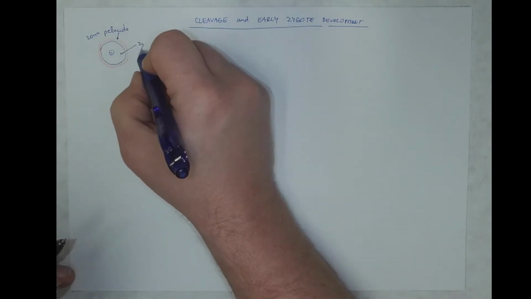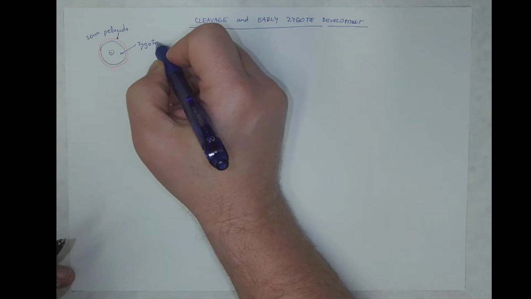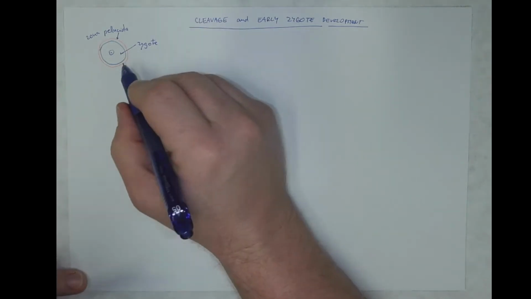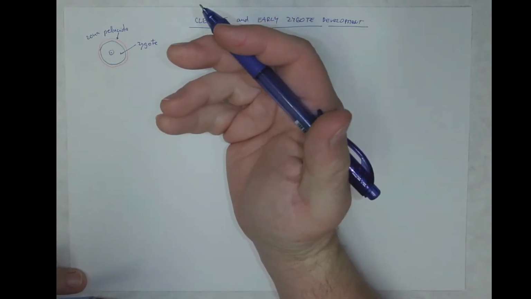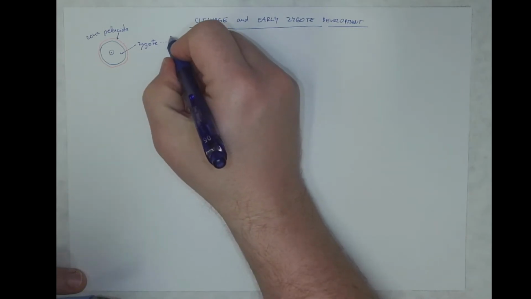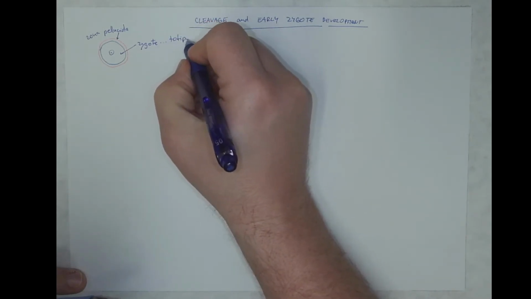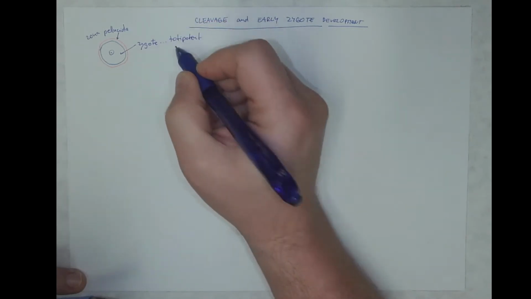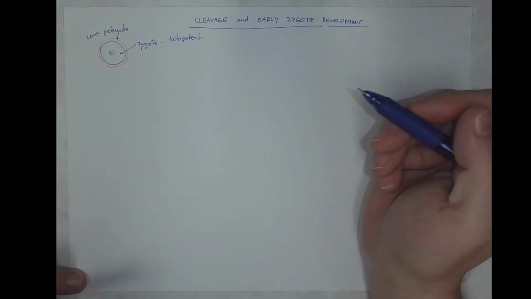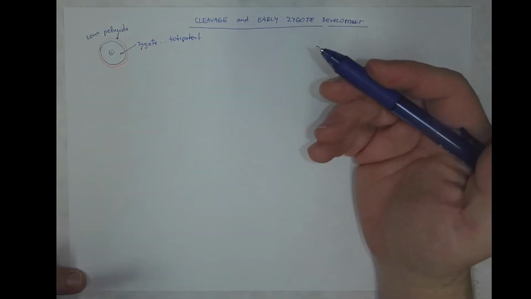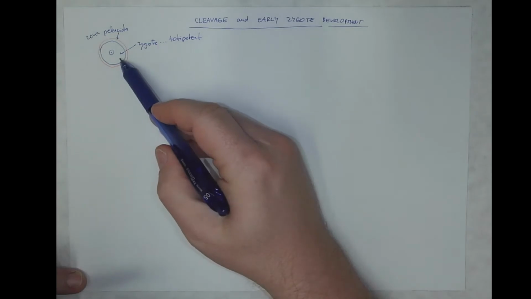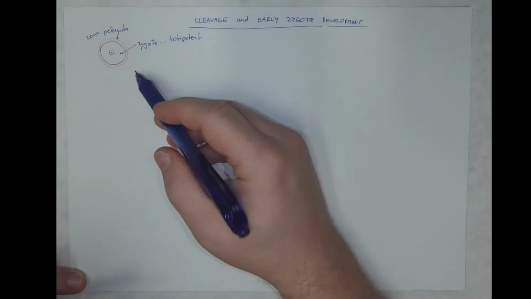This is the zygote. The differentiation potential of the cell is totipotent, because all the possible cell populations you may think about will develop from this cell.